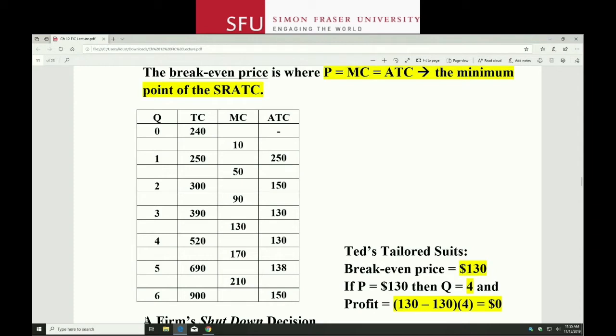Now, the firm will also break even here, right, here and here. If the price is 130, they would break even here and here. But as with lots of other examples that we've talked about, whether you're a consumer or producer, you always choose the equilibrium. So we would say that the quantity is 4. That's where we have the equilibrium here. Good. Okay.